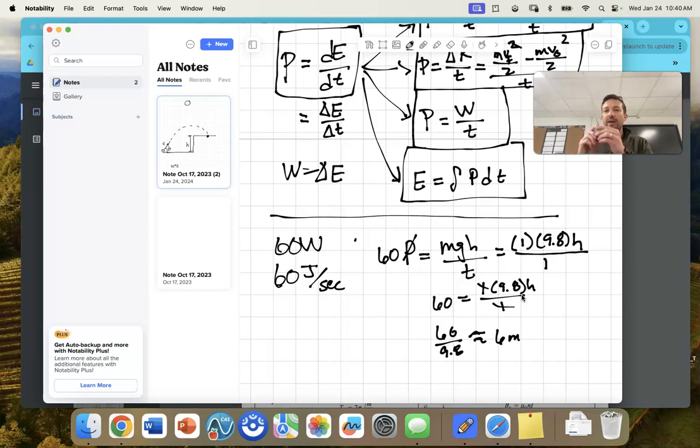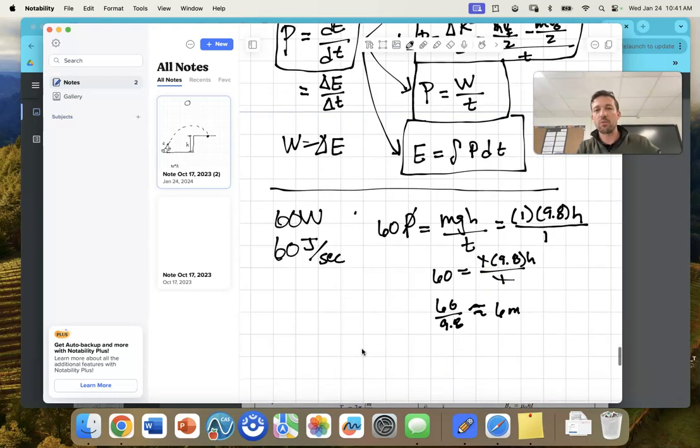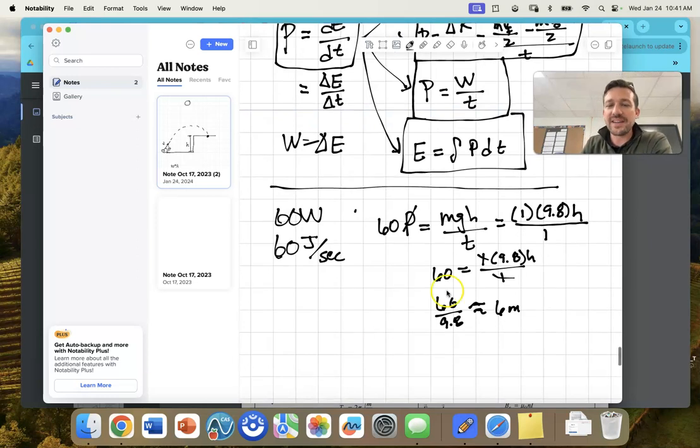So if I held this from 6 meters, which is about 18 feet, 6 times 3, 18 feet, and I let go of it and it falls all the way down, gravity did work to light up a light bulb for 1 second. Okay. And that's that type of light bulb. LED lights don't require as many watts, okay? But that's the idea there.